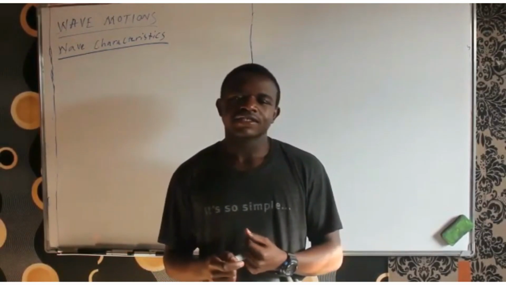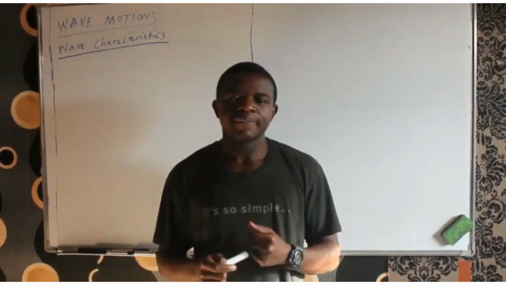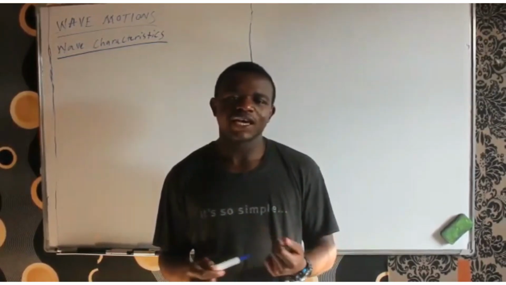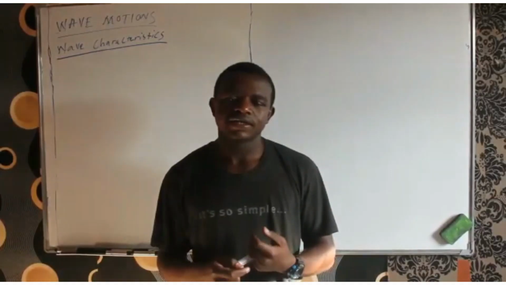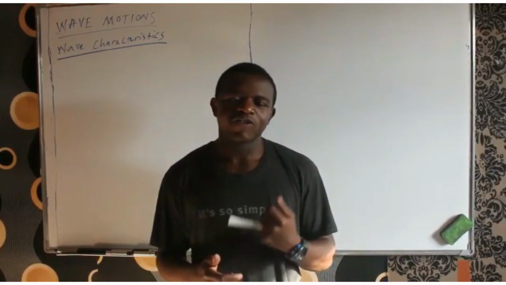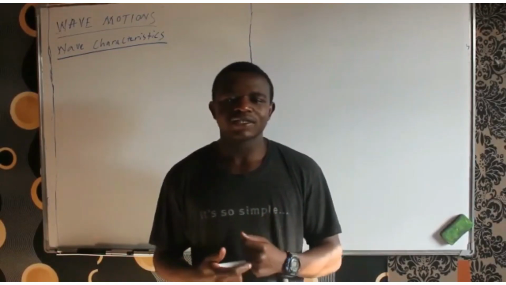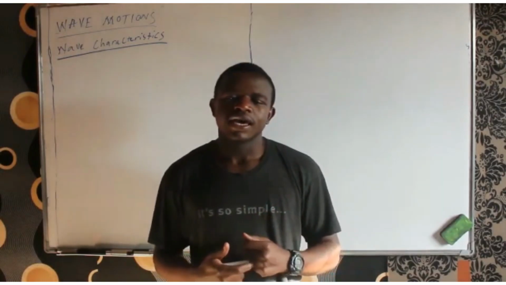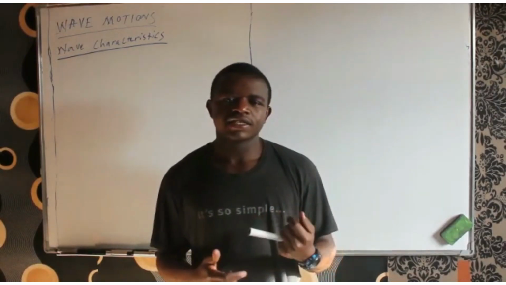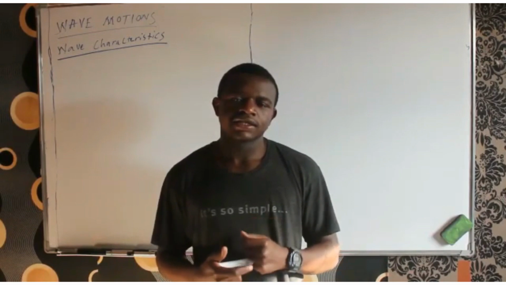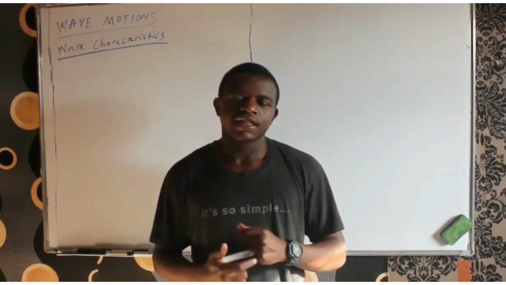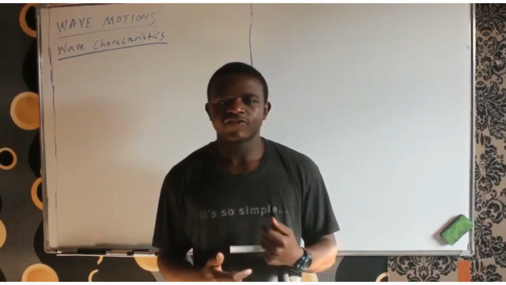Frequency is defined as the number of waves that are passing through a certain point per second. Frequency is measured in Hertz, which is Hz, and the symbol of frequency is f.